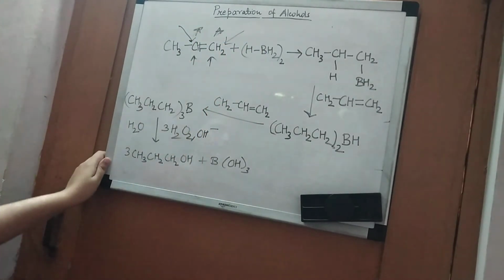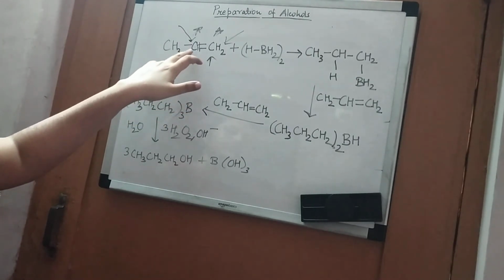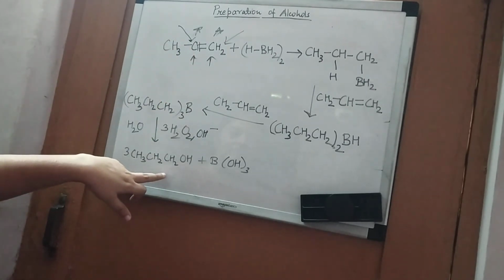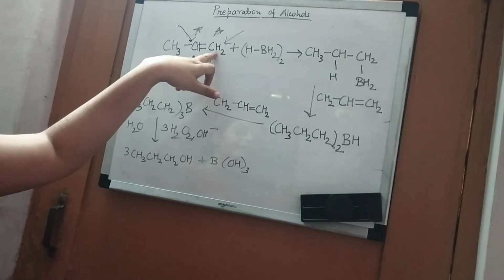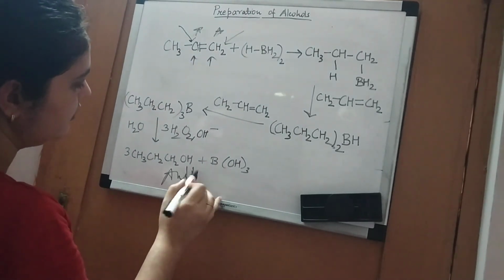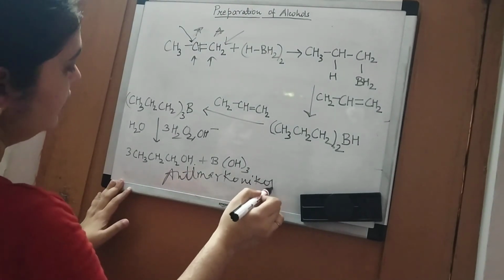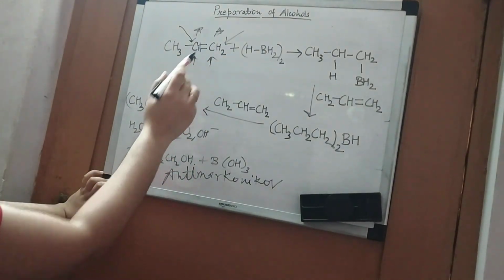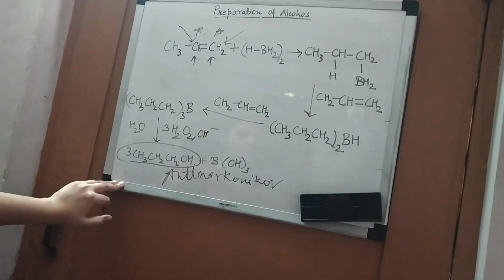So Markovnikov says that OH negative should go to this carbon, but anti-Markovnikov says that the OH negative part should go to this carbon. So this is the anti-Markovnikov rule, because OH negative has come to this carbon atom. So this product is according to anti-Markovnikov rule.